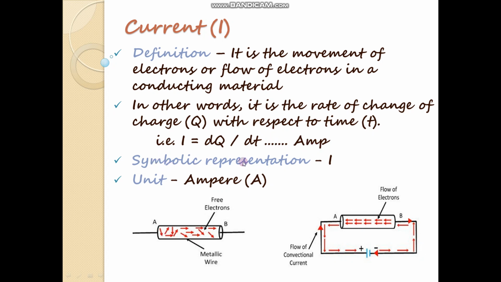We represent current by the letter I and its unit is ampere. See, this diagram shows the flow of electrons and the flow of conventional current. Both are in reverse directions.